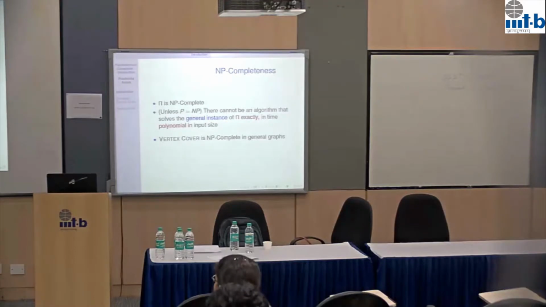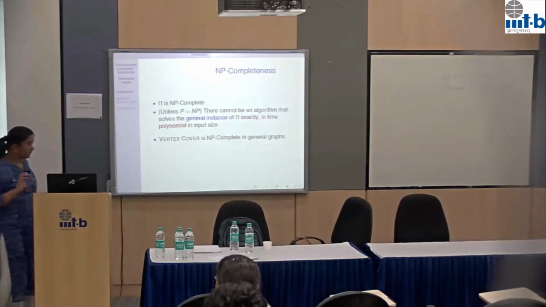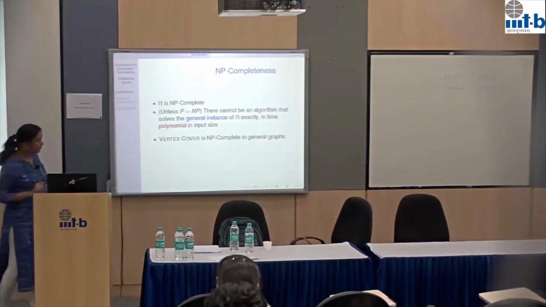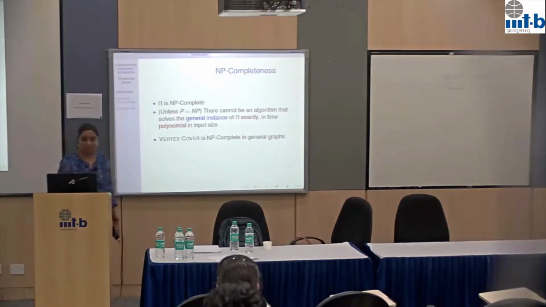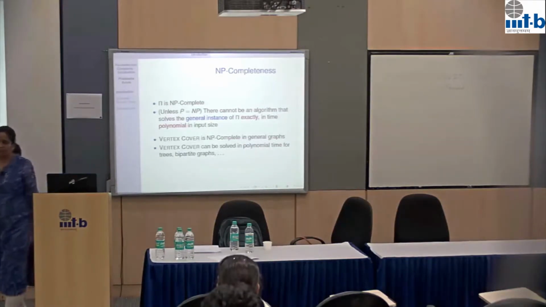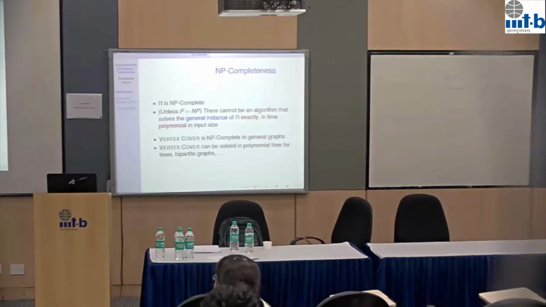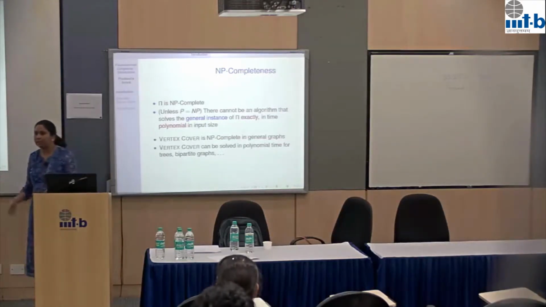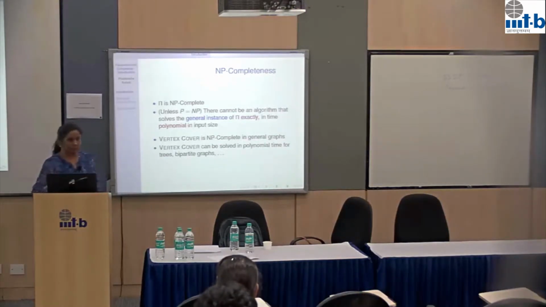But when you take some special instances of the graph, for example graphs like trees, bipartite graphs, etc., vertex cover is polynomial time solvable. There exists a polynomial time algorithm for solving vertex cover in trees and bipartite graphs and many other graphs. So when you ignore the general instance part, you are getting an efficient algorithm, in this case a polynomial time algorithm.